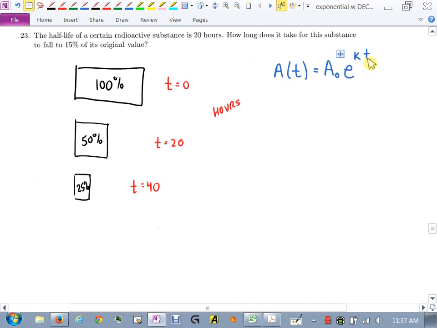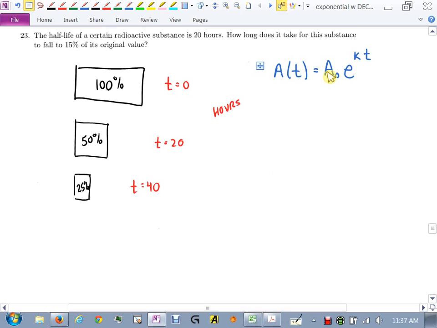That's only one point in time, right? So what happens if I plug in 20 for t? How much should be there? Half of it, right? How much is there in the beginning? We don't know, but would you agree if we look at it in terms of percentages, 100% is there?